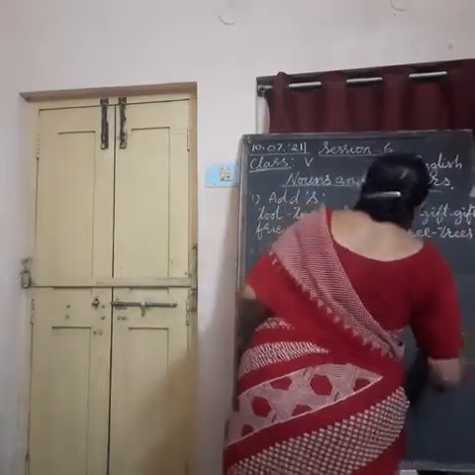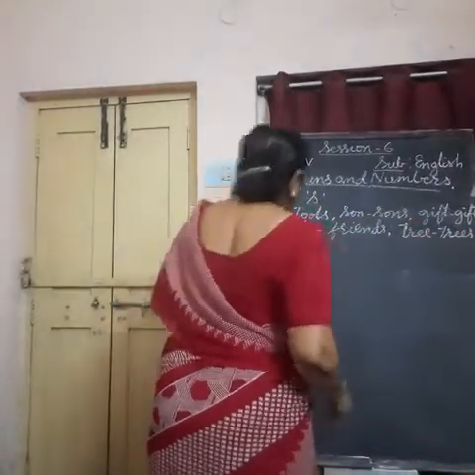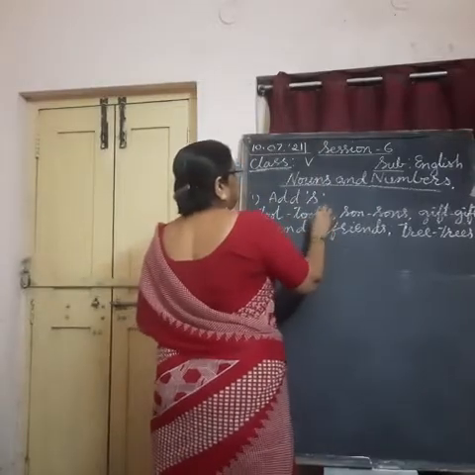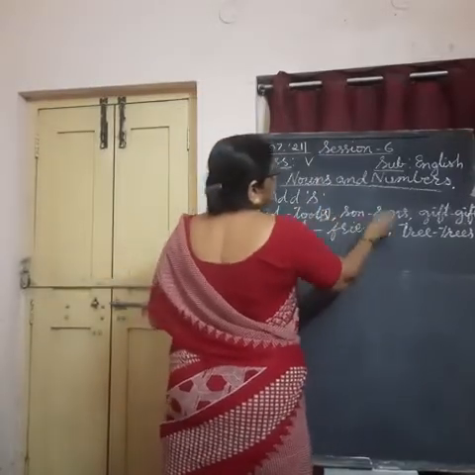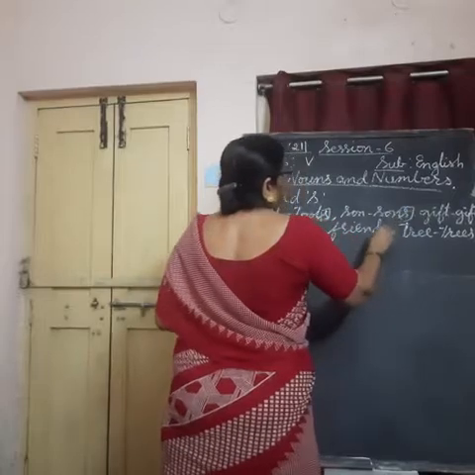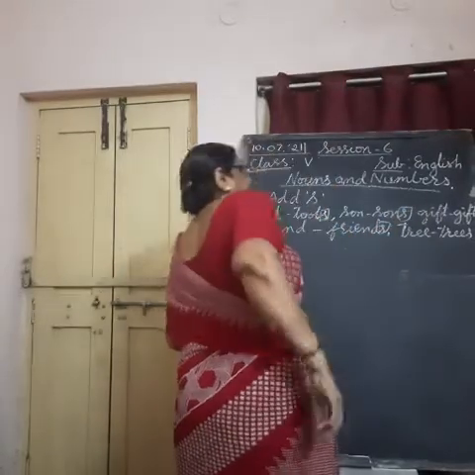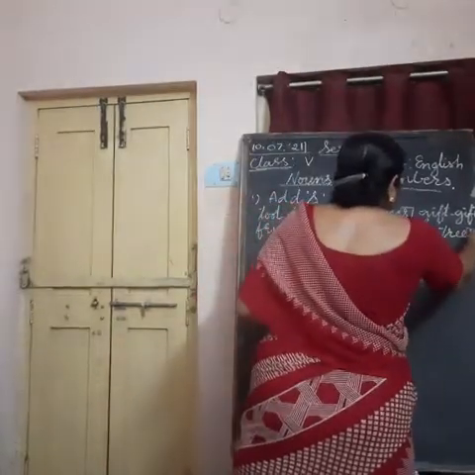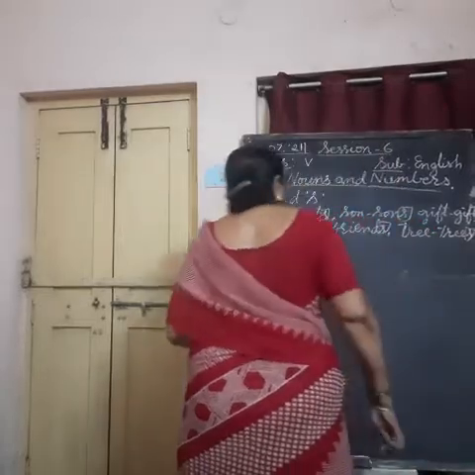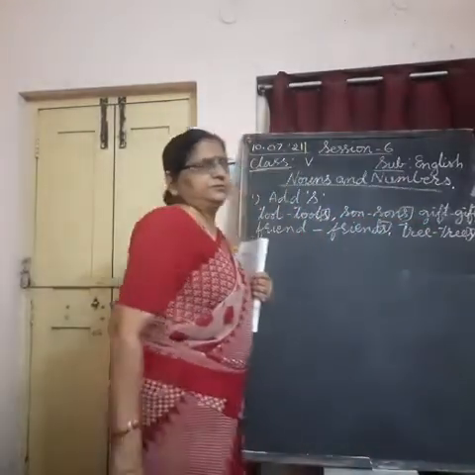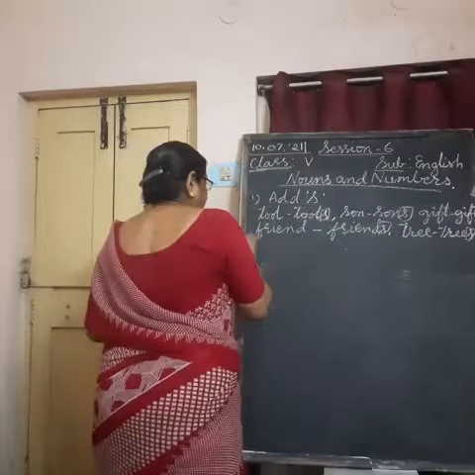So these are few examples where we added just S to the word to make its plural. We added only S to make its plural. This is first rule. These are the examples.